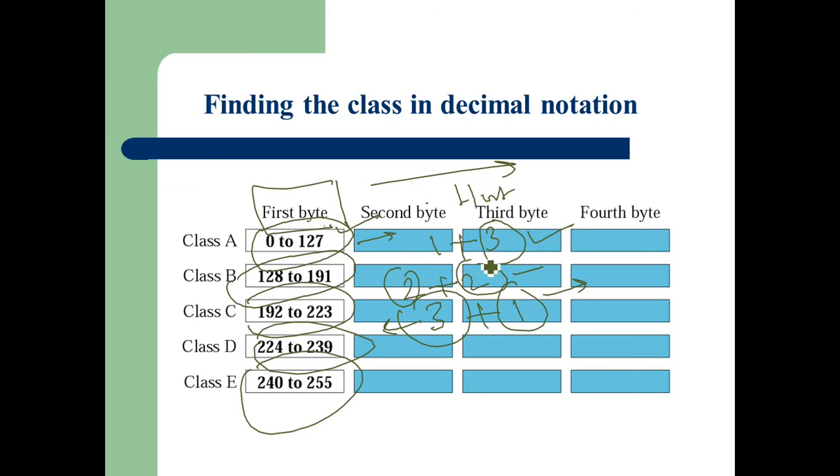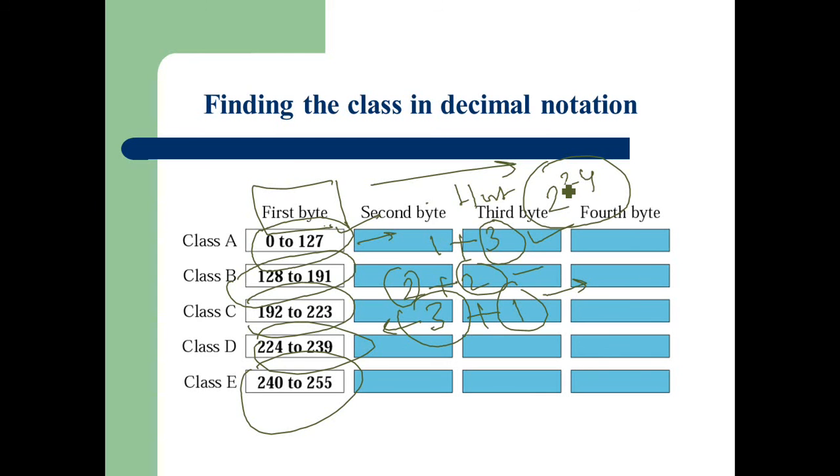So what do I mean by that? That means how many hosts are possible in class A. So 3 blocks means 24 bits. So how many numbers in the blocks? 2 to the power 24. Now there is a golden rule: all host bits cannot be set to 0, that is called the network address, and all host bits cannot be set to 1, that is called the broadcast address.